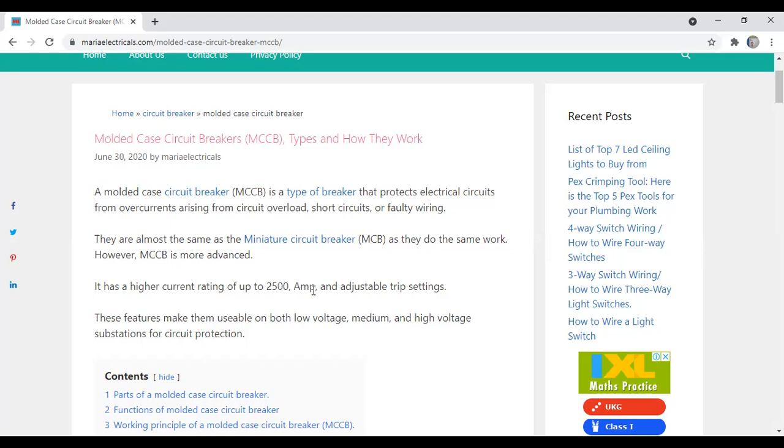Below 2500 ampere, MCCB will not operate. Suppose you set MCCB to 500 ampere, up to 500 ampere it will not operate. It will operate after 500 ampere and open the circuit if more than 500 ampere is flowing. That is the meaning of trip setting or predetermined value. Okay.